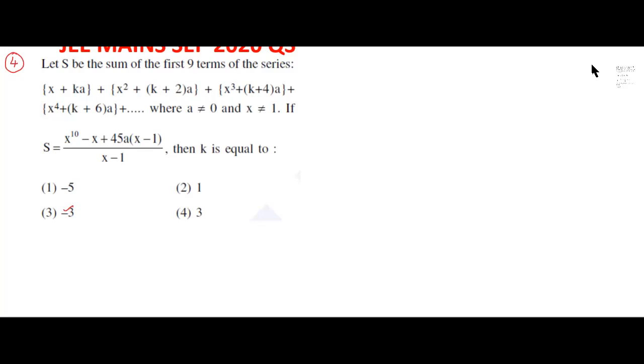How to find it? See the question: x plus Ka, x square plus (K plus 2A), x cube plus (K plus 4A), x power 4 plus (K plus 6A). They have given it like that.